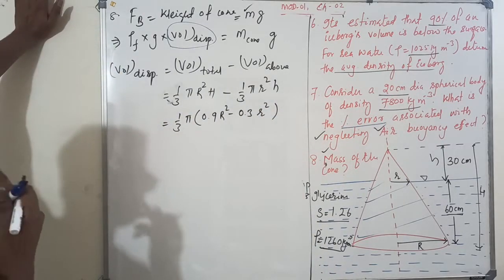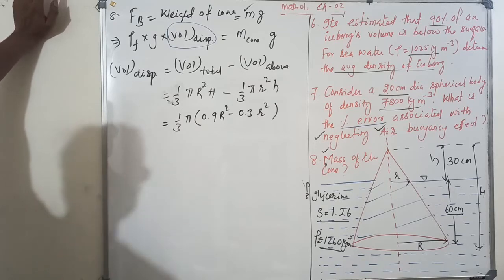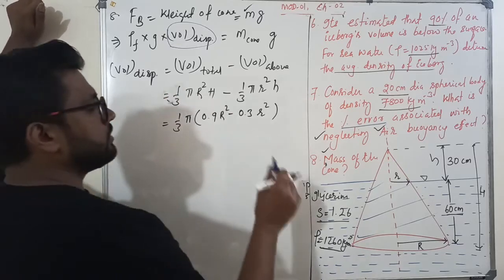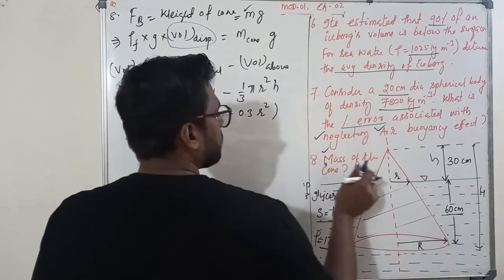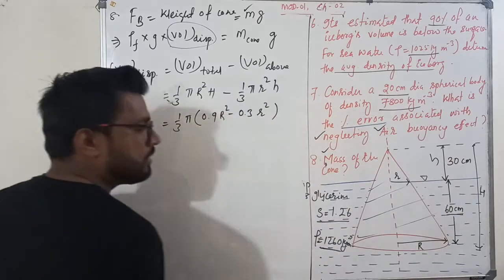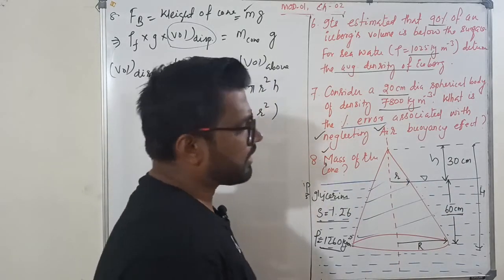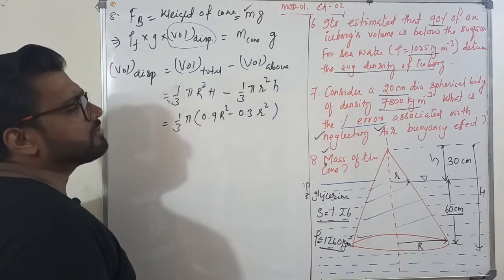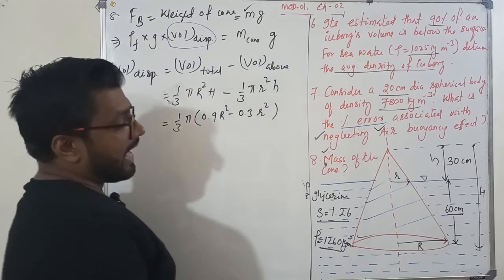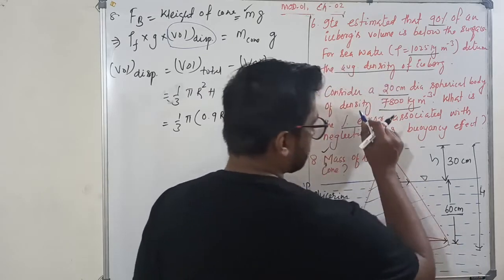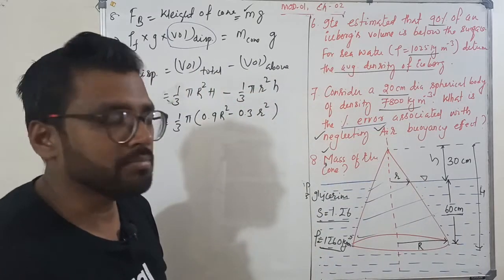Now how would I do it, sir? Nothing is given. What you have to do is find the relation between small r and capital R. How can you find it? By similar triangles.